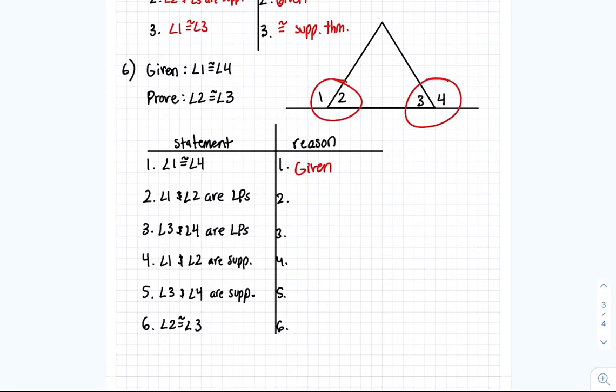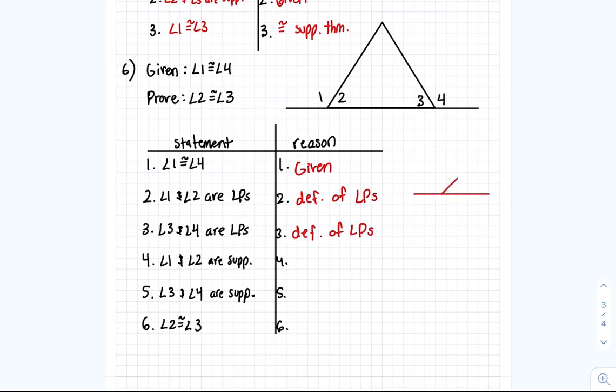You know that that is a linear pair. Definition of linear pairs. So you guys can declare two angles are linear pairs if, right, there's a straight line and there's a common side and they share the same vertex, right? That's when you know you have linear pairs.